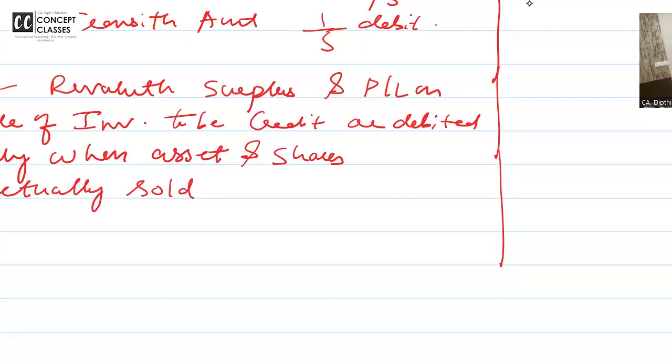Are you all with me? Whether it is revaluation surplus or P&L, profit or loss on investments, equity and all, don't do anything. Don't pay MAT now. Pay only when it is actually sold. Okay?